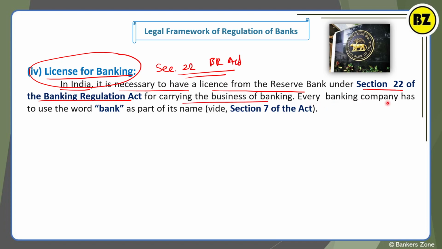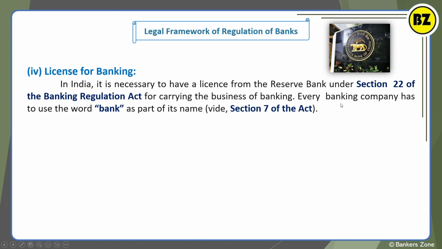Now every banking company has to use the word bank as part of its name. For example, Union Bank, Corporation Bank, then Canara Bank. These are the banking companies which can use the word bank in their title, right?